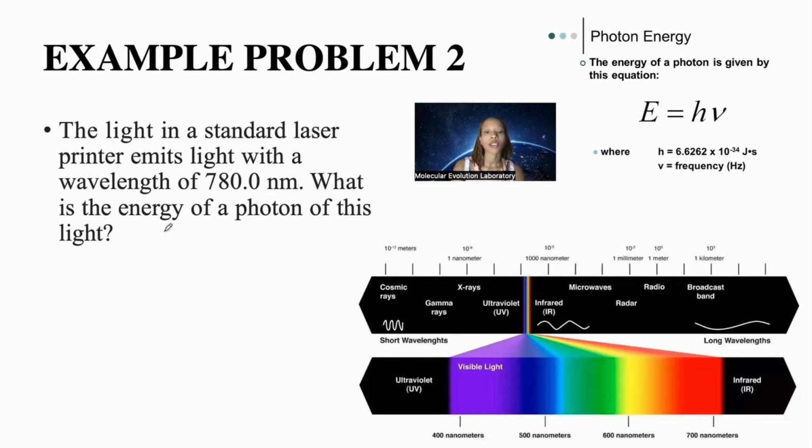First, we have to convert this to meters, which we should already know. So this would be 780 nanometers times 1 divided by 1 times 10 to the 9, which basically gives us 7.8 times 10 to the minus 7, and that's in meters.